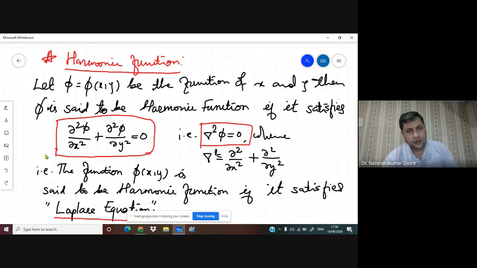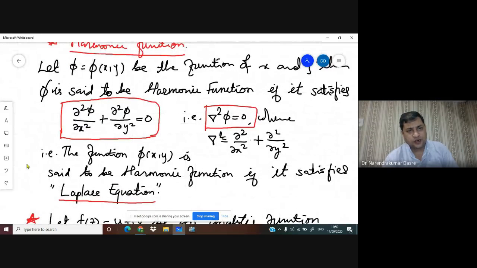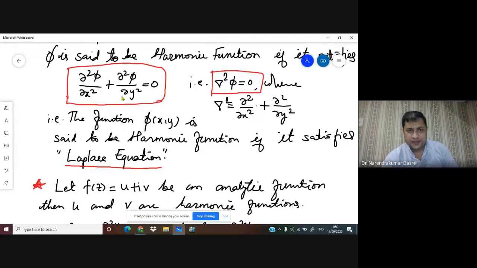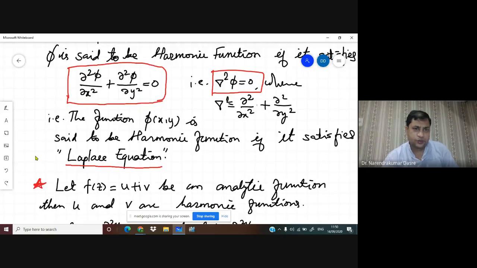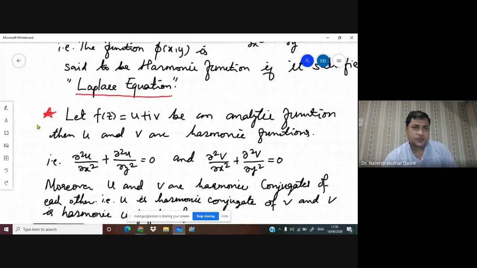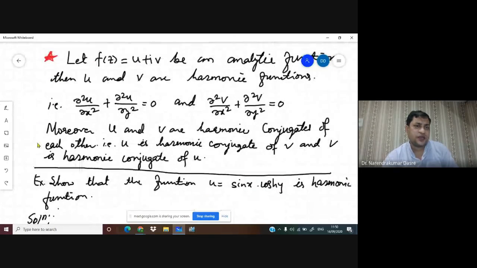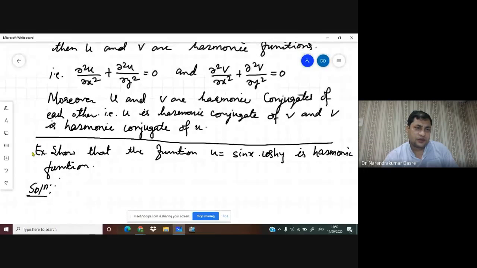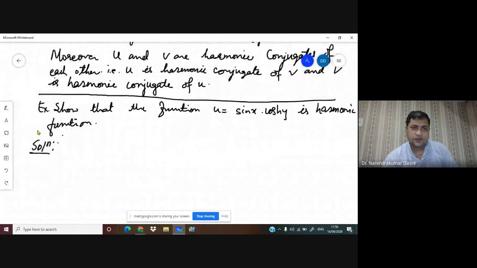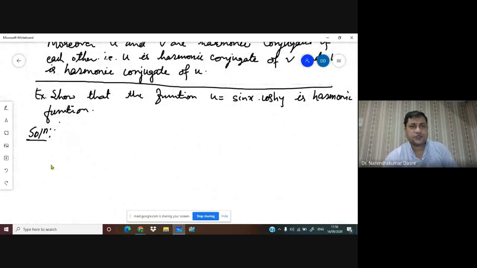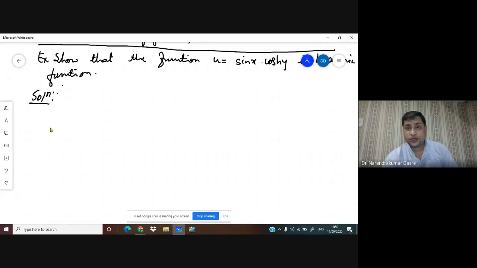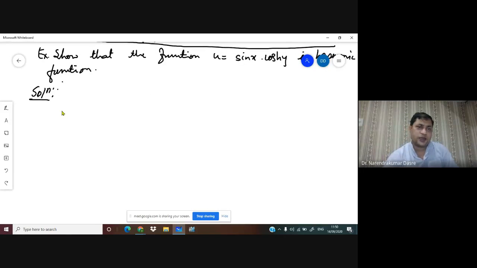Then we have to see whether their sum is 0. If their sum is 0, the Laplace equation is satisfied, and once it is satisfied, we can say the function is harmonic. So let us see whether this function is harmonic or not.